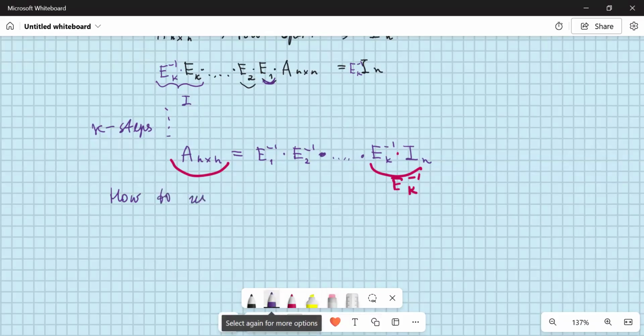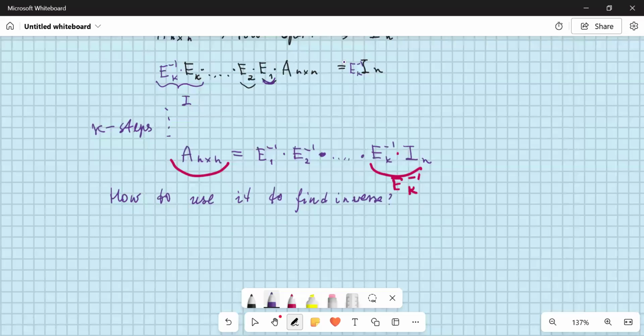The question is, what are we searching for? Let's first set up the problem. Imagine that we have A and A inverse, and it equals identity. Somehow we do know that the inverse exists, right?